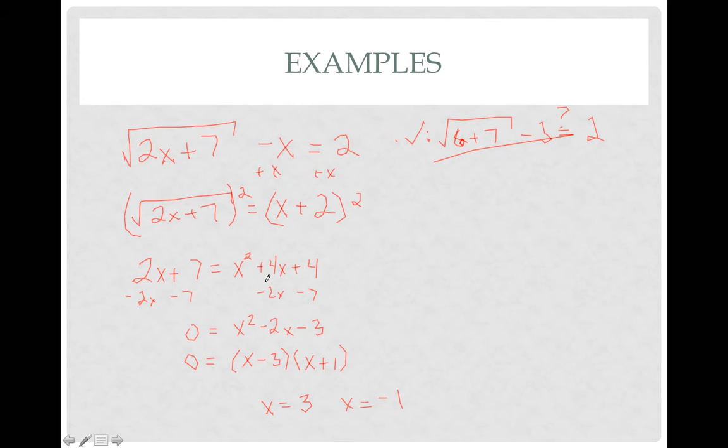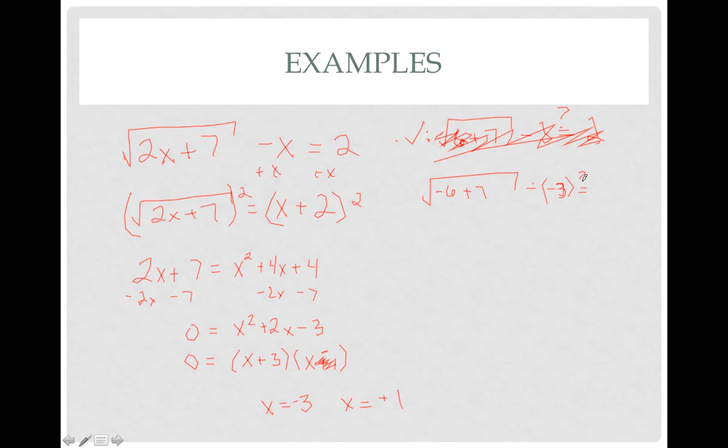Oops. I just realized what I did wrong. Scratch, scratch, scratch. I'm minusing 2. This is supposed to be a plus 2, so therefore it's a plus 3 and a minus 1, which makes that a -3 and a plus 1. Let's check that again. If I had a -3 and I plugged this in, the square root of -6 plus 7 minus a -3.